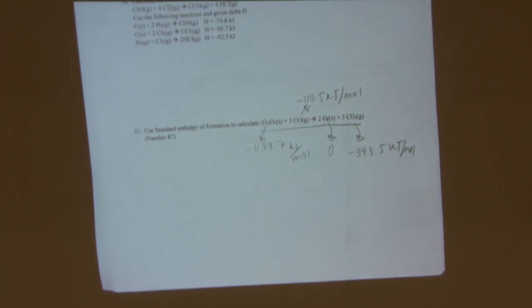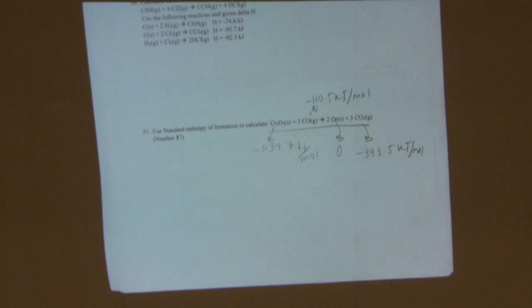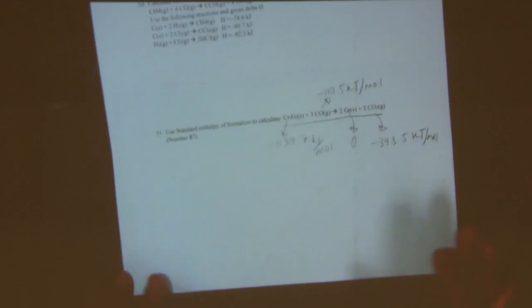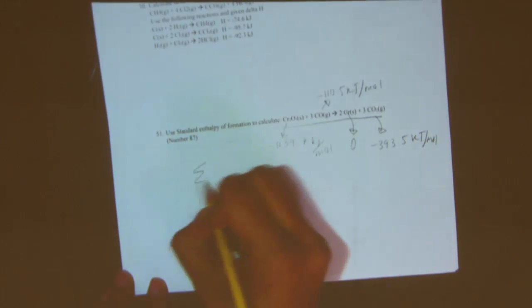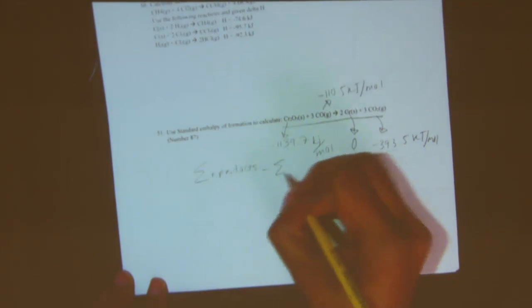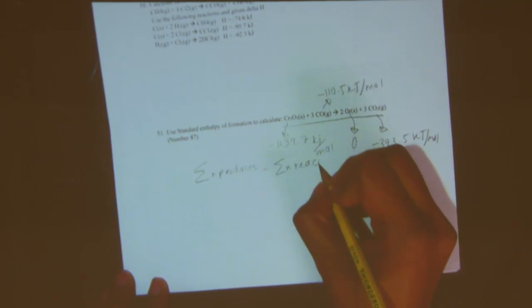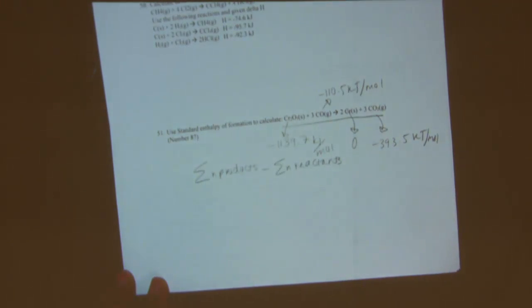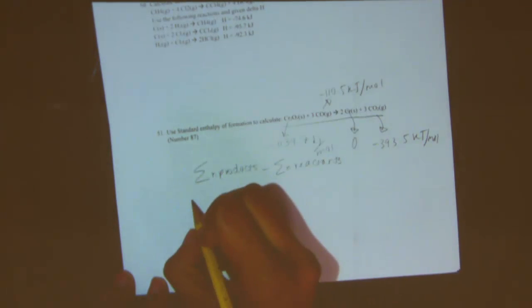Now that we have those values, we're going to get started with the problem. The main formula for this problem is the sum of the products minus the sum of the reactants. I would set it up based on the coefficients. These are the products, these are the reactants.